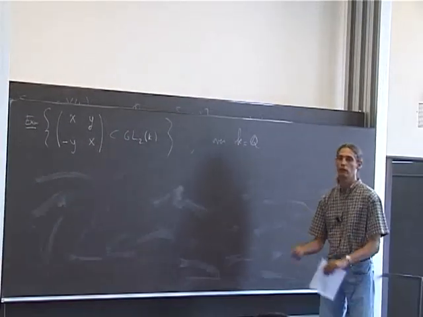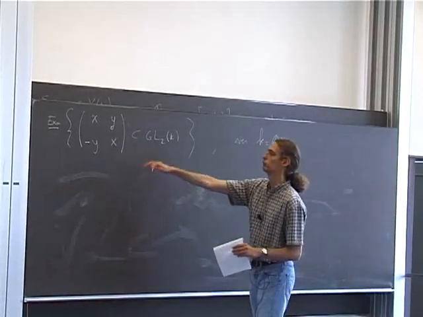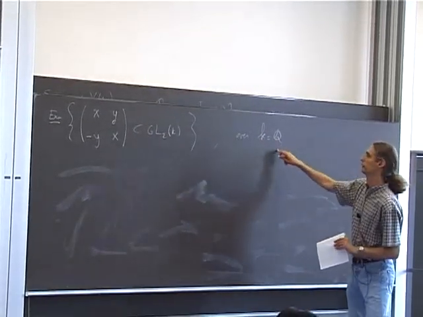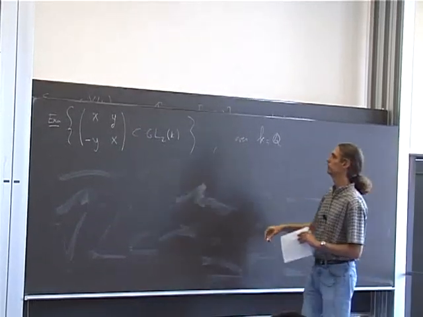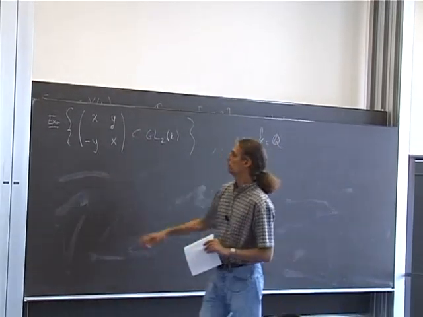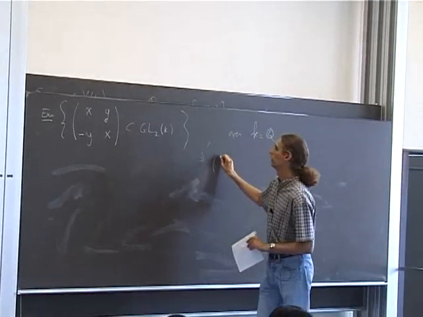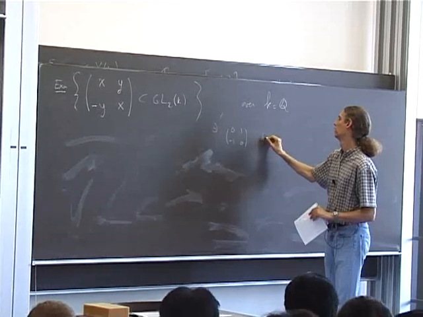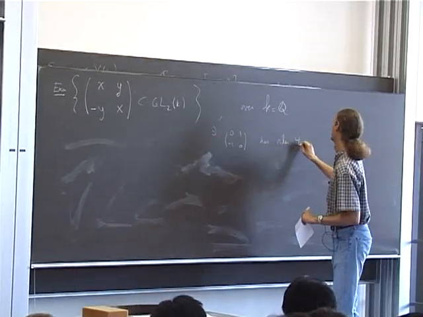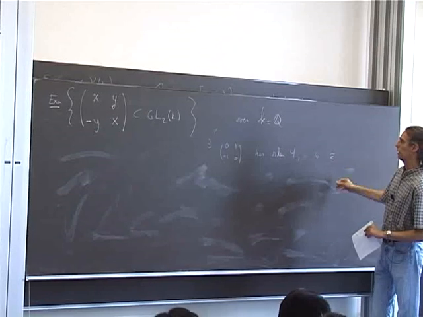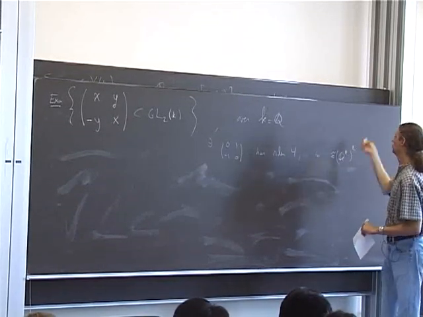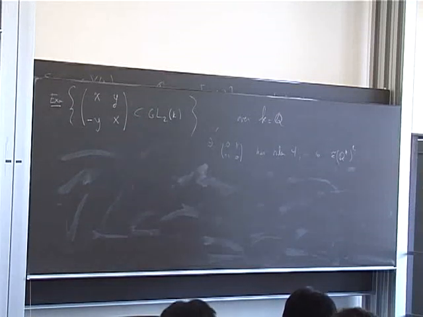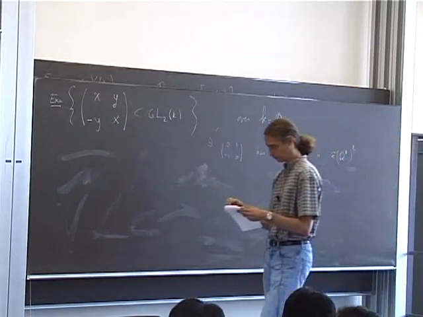You can see if you go to the algebraic closure, it's isomorphic to two copies of G_m. But over Q itself, this contains an element of order 4. So it can't possibly be just copies of Q star, since that would not have any elements of order 4. So this is an example.